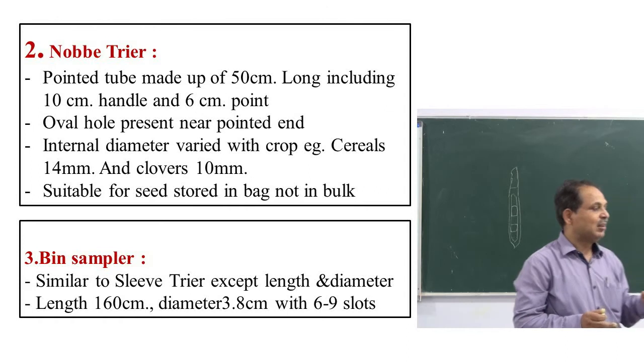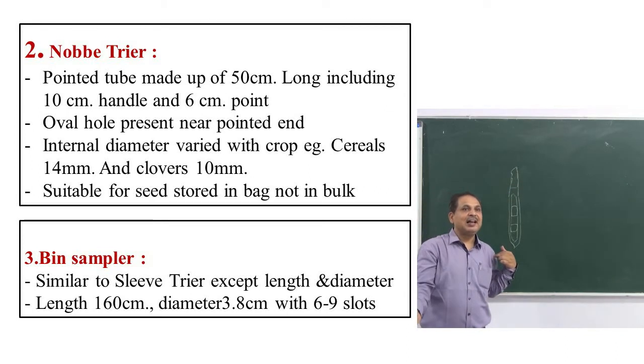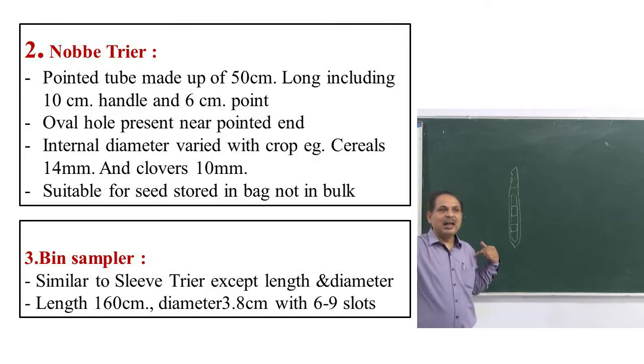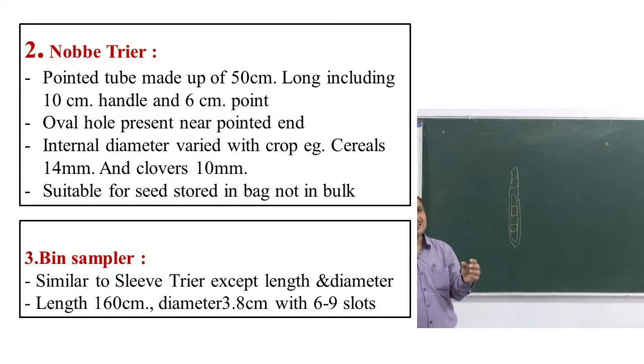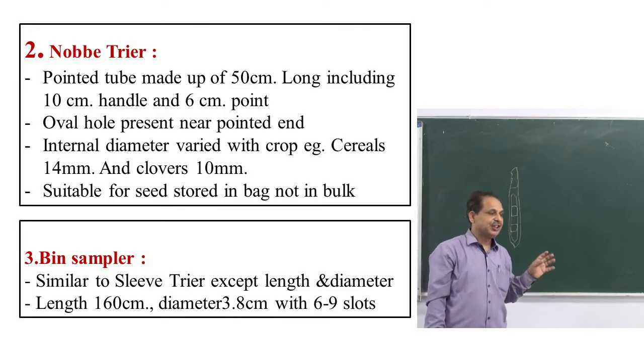It means that the size of this seed trier is a little bit longer than that of the stick and sleeve triers, and here also the seed slots, the compartments, vary. It ranges from 6 to 9.